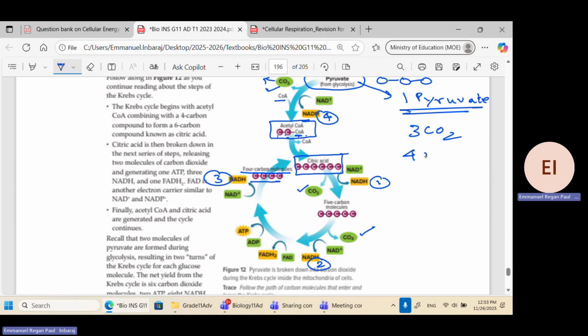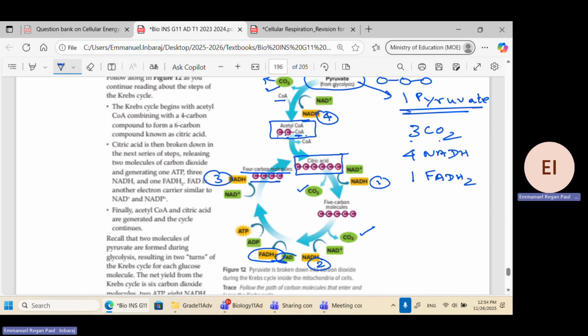So 4 NADH. Let's see how many FADH2. Yeah, 1 FADH2. So one pyruvate will produce 3 carbon dioxide, 4 NADH, and 1 FADH2. This is very important.